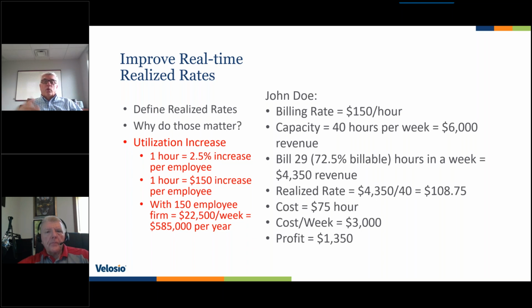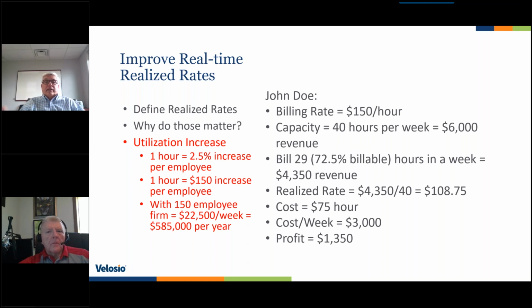But if we bill 29 hours versus 28 hours, so 72.5% versus 70%, then we're going to end up driving $4,350 in revenue rather than what we did before. So 1 hour took our profitability from $1,200 to $1,350. So we have an increase of $150 per employee.